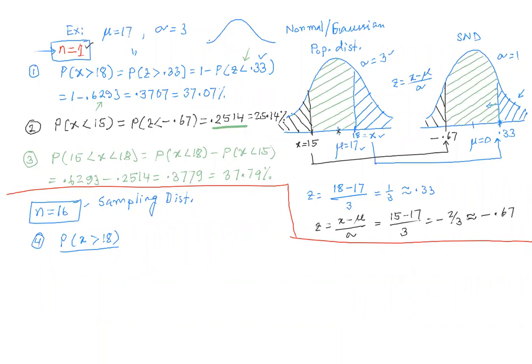Okay, great, thank you. Yes, it is supposed to be X bar. Can you tell me why? Because there's more than one person. Because there are more than one person. So X bar is greater than 18.